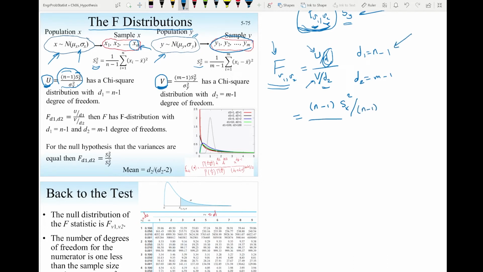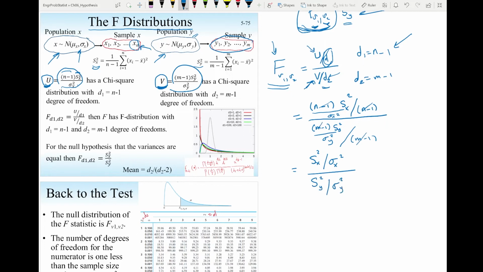Everything divided by V, which is m minus 1 times sy squared divided by the variance sigma y squared, and divided by D2, which is m minus 1. Now this will cancel this, and this will cancel this, and I will have sx squared divided by sigma x squared, divided by sy squared divided by sigma y squared.